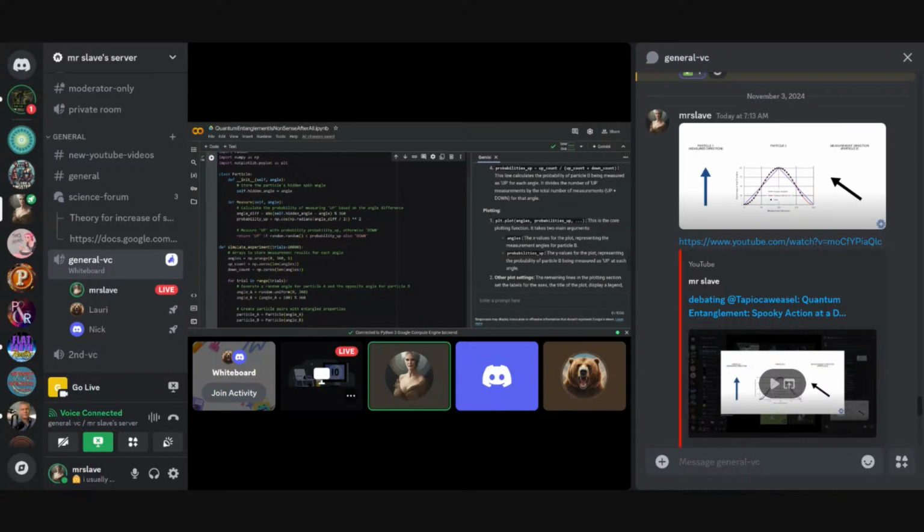Now, if it went up, then we run the experiment on particle B. This is exactly what Fermilab, Professor Don Lincoln presented in his video. I'm following exactly his protocol by the letter.